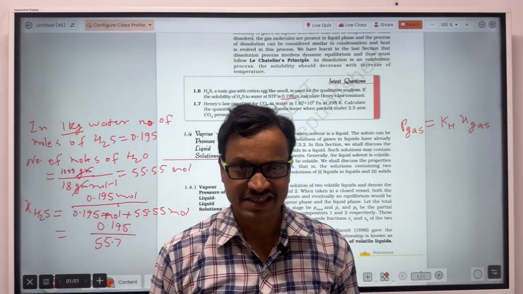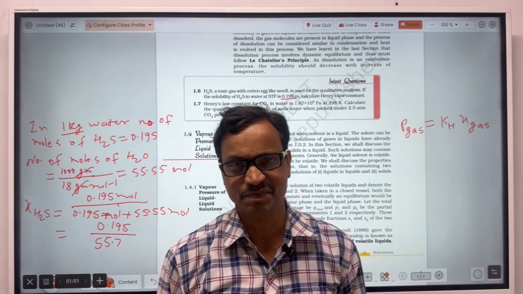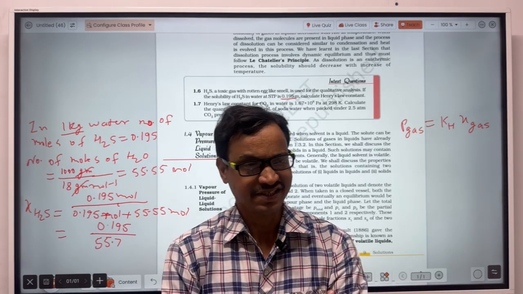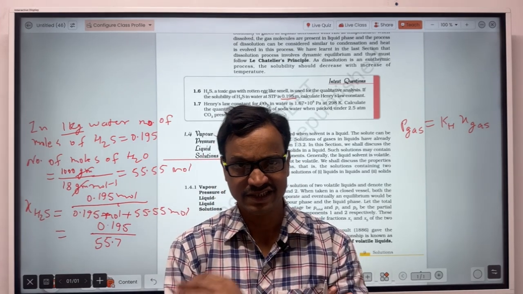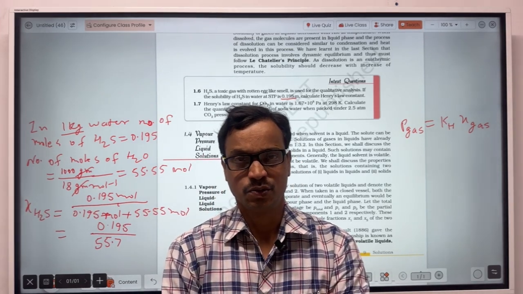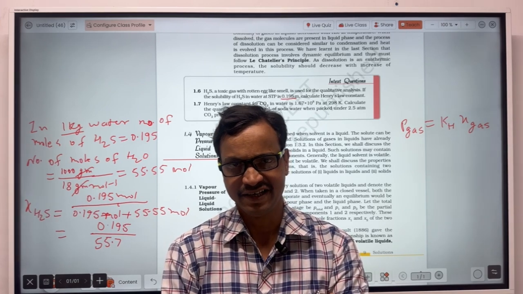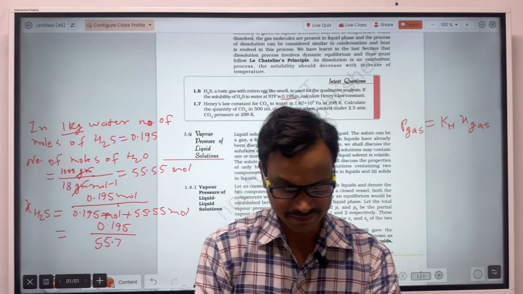STP means standard temperature and pressure. The standard temperature is 273.15 Kelvin, and the standard pressure is 1 atm.